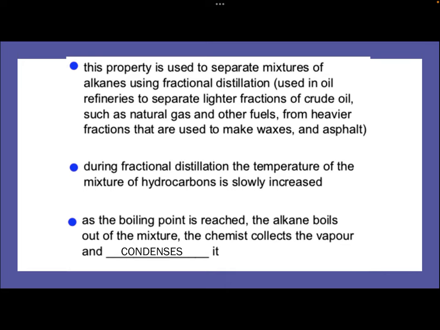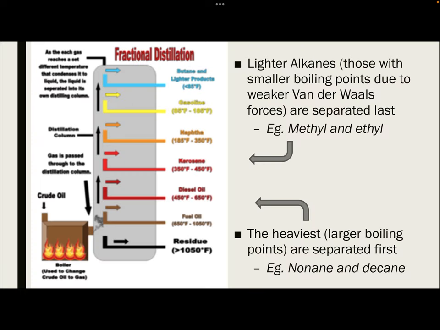During this process, the temperature of the mixture of hydrocarbons is slowly increased. Once we reach the boiling point, the alkane boils out of the mixture and the chemist collects the vapor and condenses it.